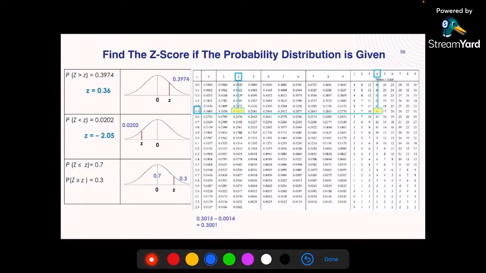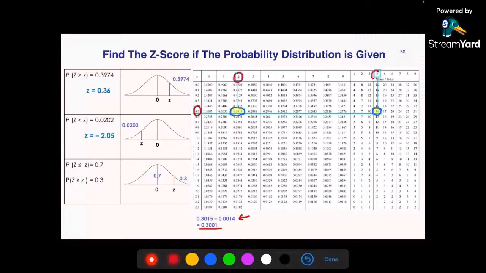Kita nampak kan, this is 0.3 yang menghampiri 0.001. Tapi kita tolak yang paling rapat, yang paling hampir adalah 0.14. So 0.3015 minus 0.0014, you akan dapat 0.3001. So you have to read, this is the Z dia.